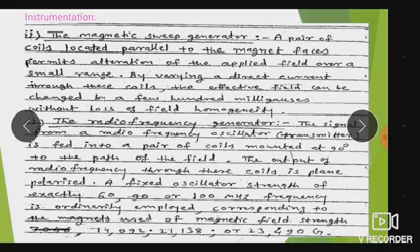The second part is the magnetic sweep generator. A pair of coils located parallel to the magnet faces permits alteration of the applied field over a small range. So what is this magnetic sweep generator used for?